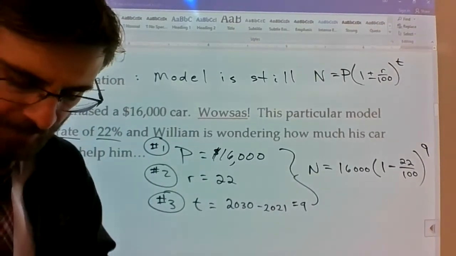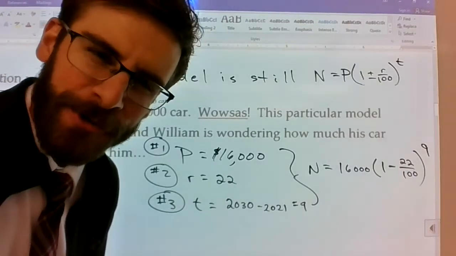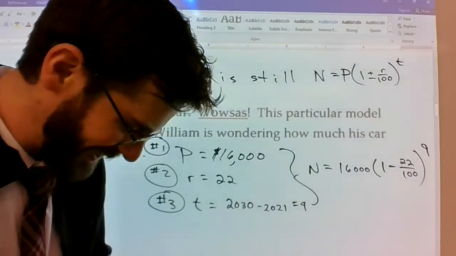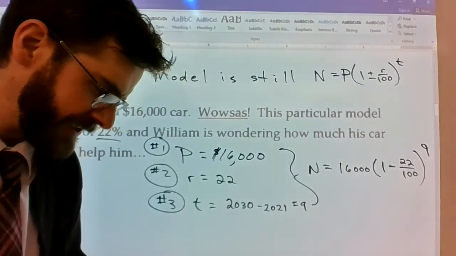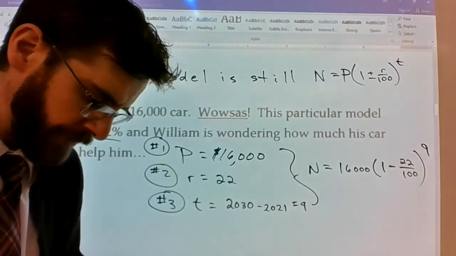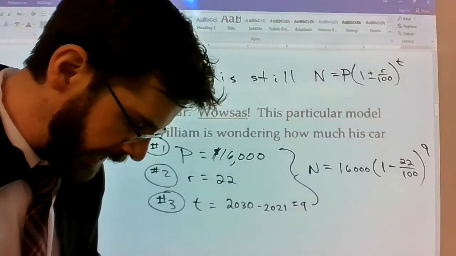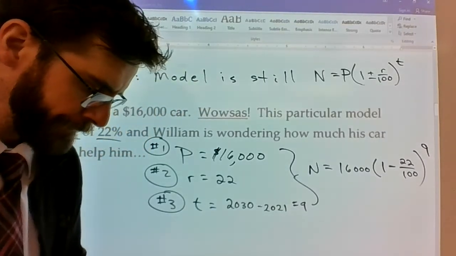All right, I'm going to plug that in my calculator. I'll not stick the calculator in your face here, so I'll just do it on my own. 16,000 times 1 minus 22 divided by 100, not 1,000, 100, and take that to the 9th power.